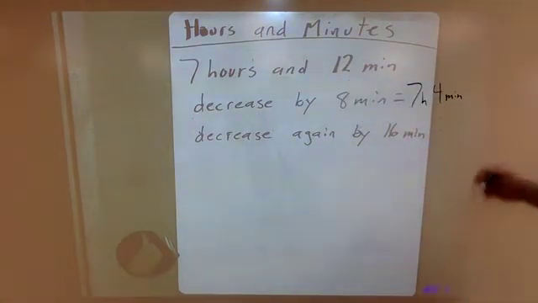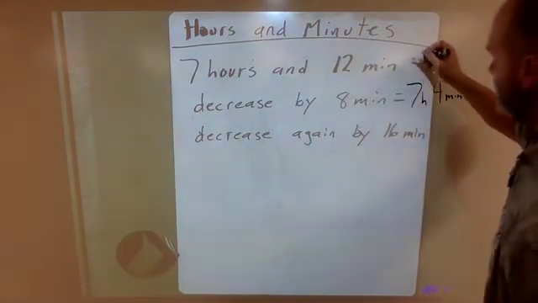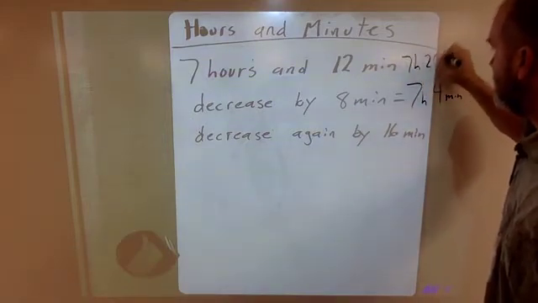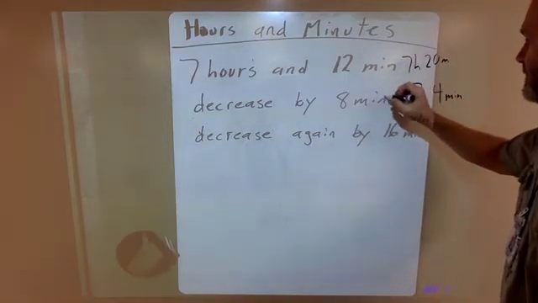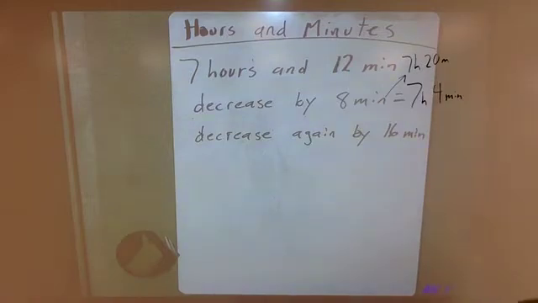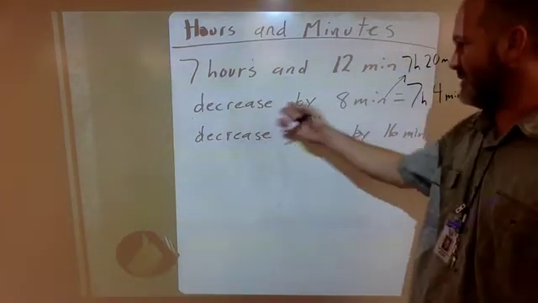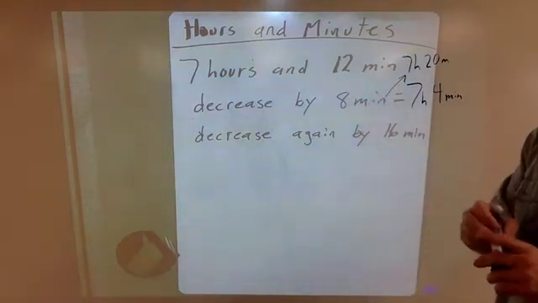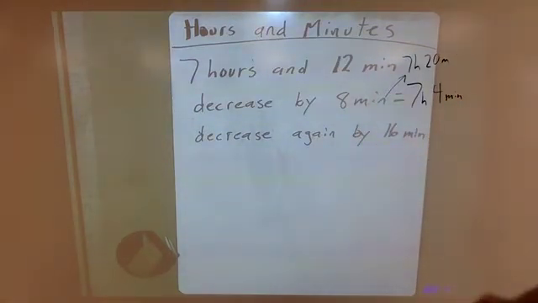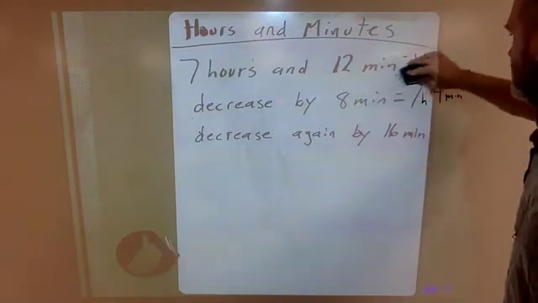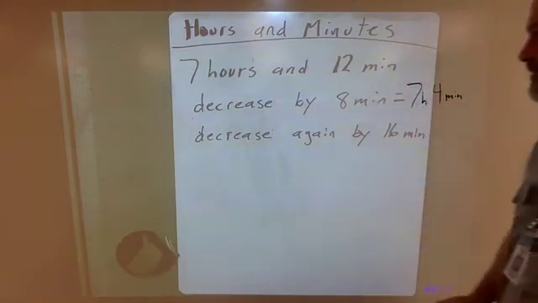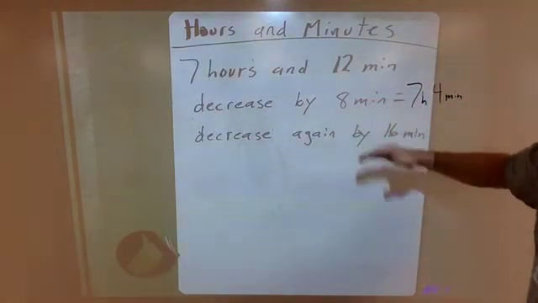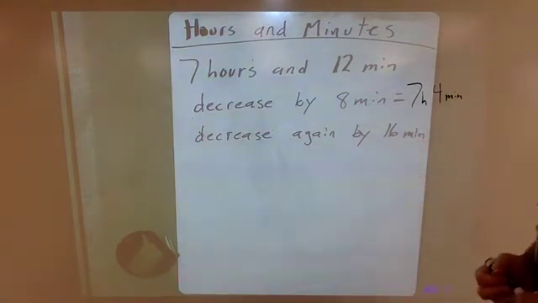Once in a while over the years, I've seen people argue that it should be 7 hours and 20 minutes would be the right answer for this because they look at it as you decreased by 8 minutes to get to that point. That's not how it works. Don't look at it like that. Even if the wording is confusing, it's supposed to be this way. All right, and then you get to the next one and decrease again by 16 minutes.